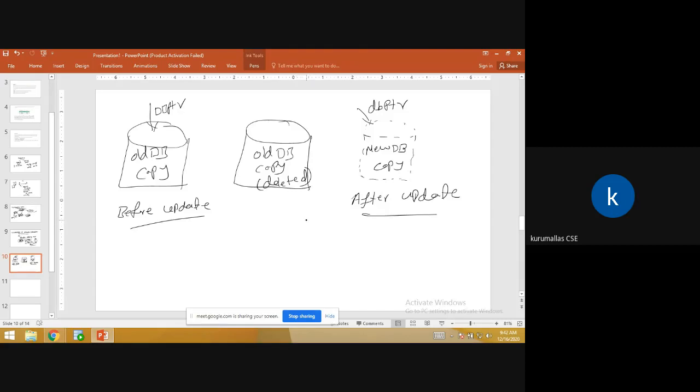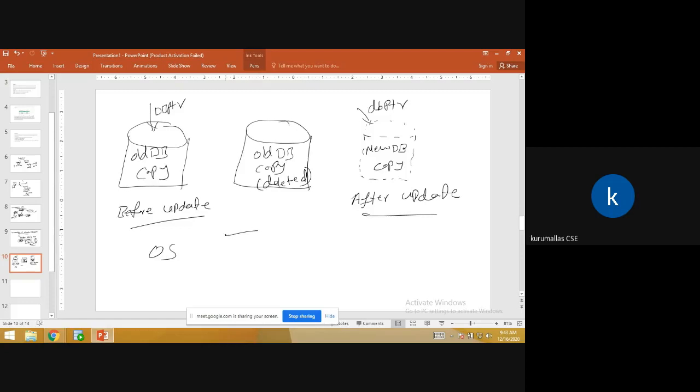Initially, the operating system must ensure that each page of the new database is written on the disk.